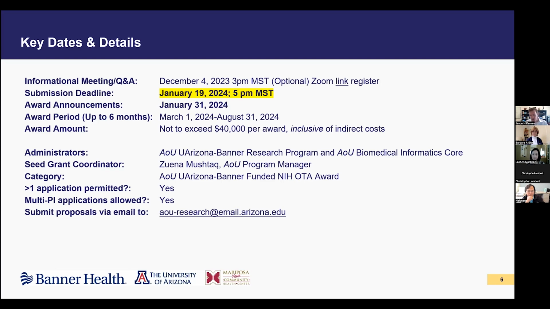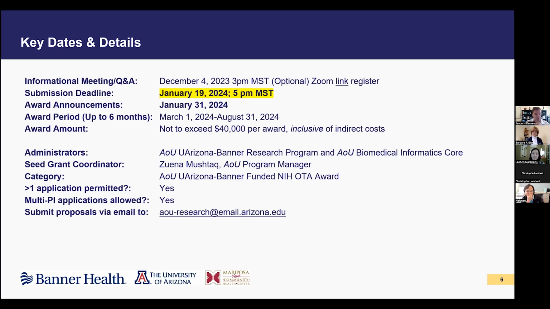However, those extensions are going to be entirely contingent on the extension of our parent award. Because we haven't been granted one and it's not a guarantee at this point, we can't guarantee an extension. But if we are granted an extension from the NIH, we do plan to extend these awards if necessary and justifiable. You can see here the contact information.